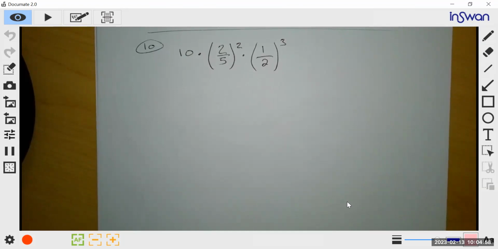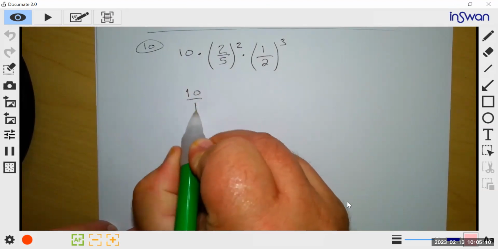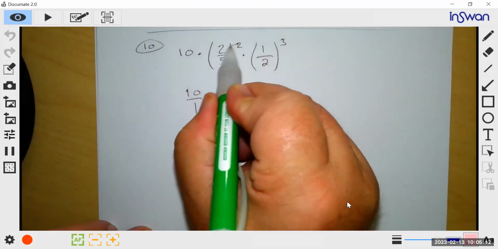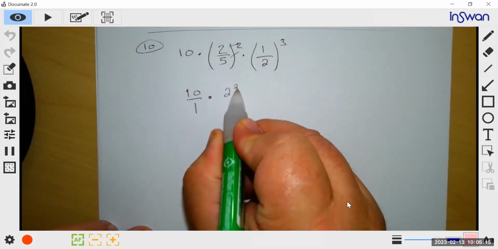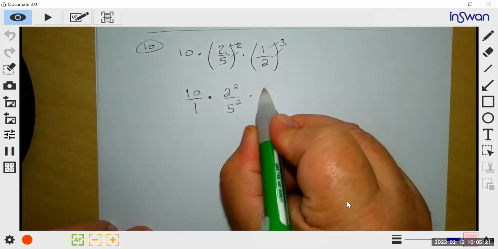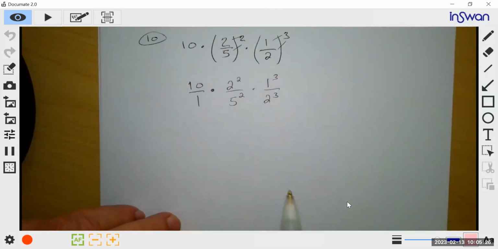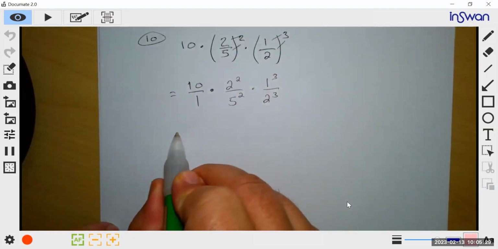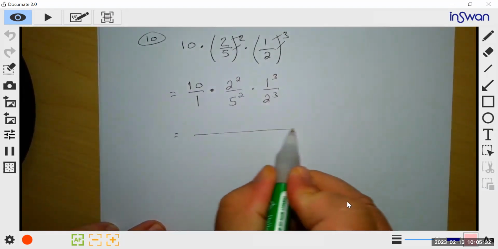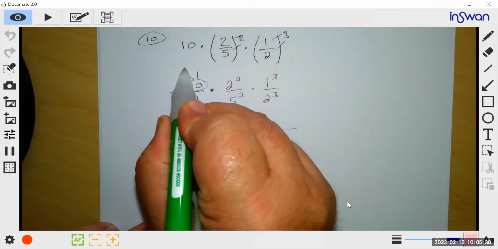Like we notice here, there are no pluses and minuses. So it's all multiplication and fractions, which means they're all on the same level. This one means 2 over 5 to the power 2. I got rid of the parentheses. What is 10 made up of? 2 times 5.